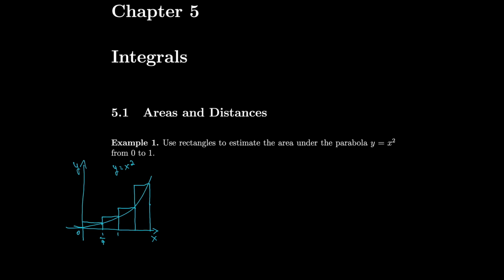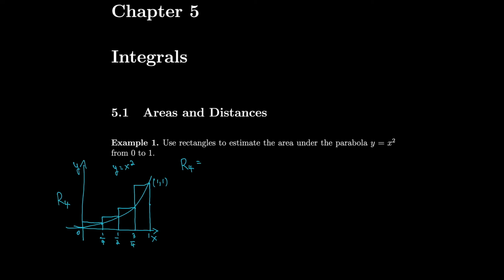This one is the height at 1/2, the height at 3/4, and this one's the height at 1. This should be touching over here. So this is 1, 1. Let's call this estimate R4, because each of my rectangles touches the curve on the right side, and I'm making 4 of them. Let's compute.